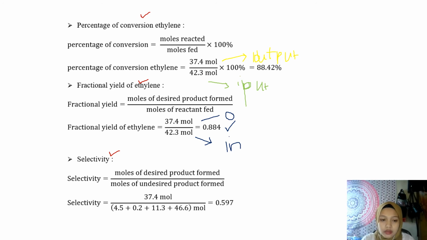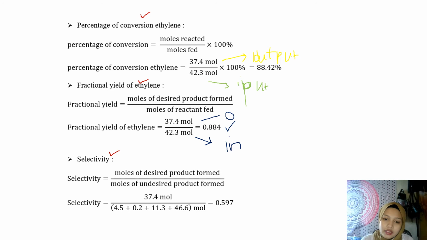And lastly, for the selectivity, the formula is mole of desired product formed, which is the ethylene, divided by mole of undesired product formed, which is the water, ethanol, diethyl ether, and also the inert gas.